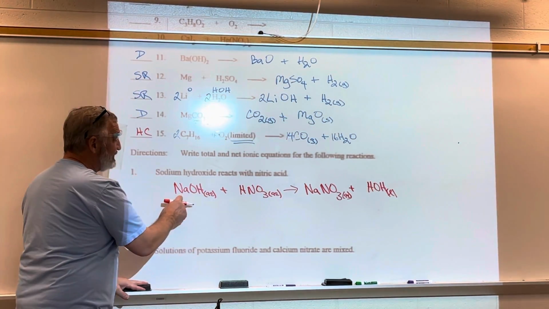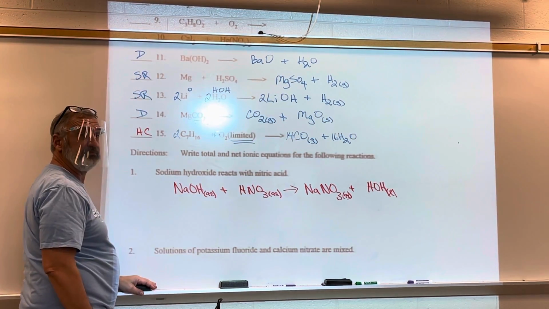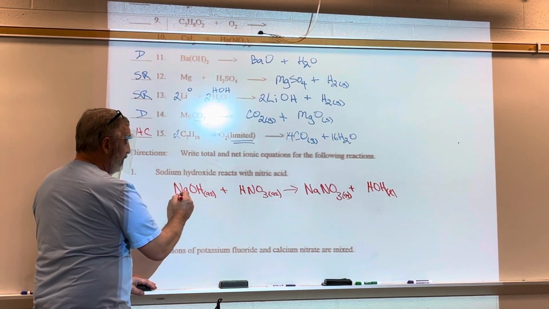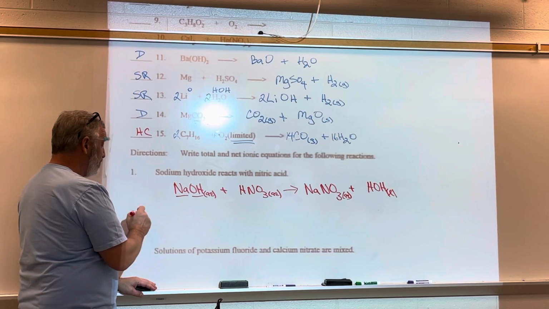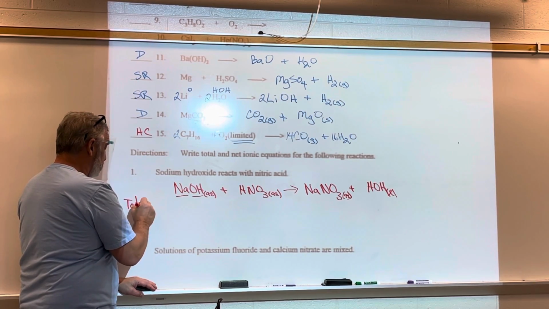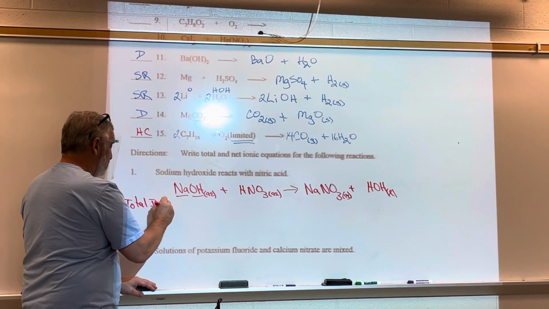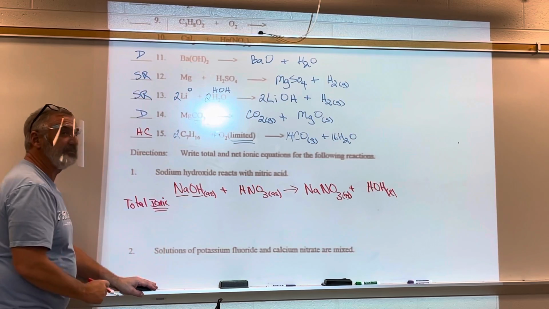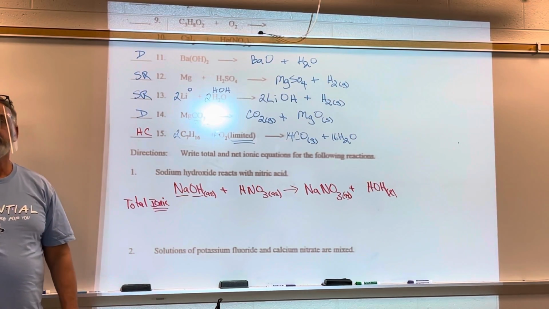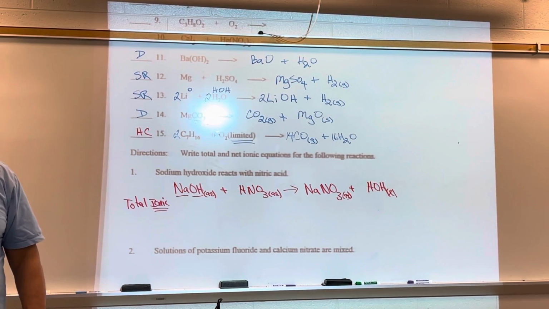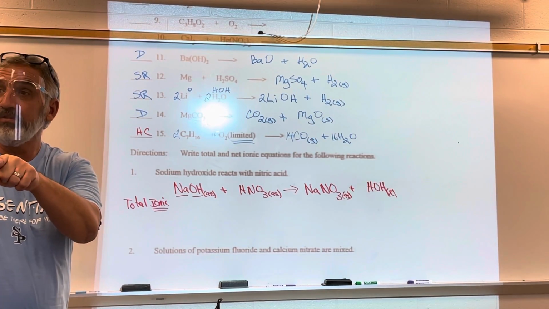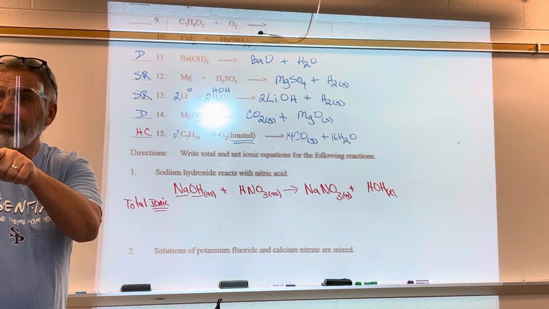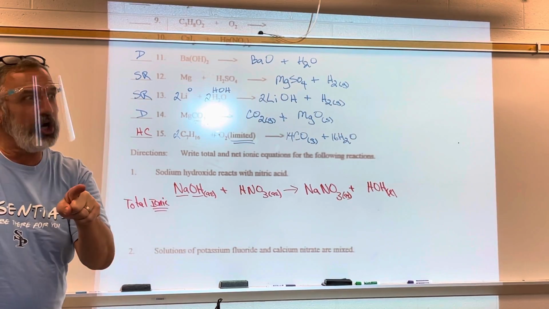So, what's my positive thing? What's my negative thing? Sodium's the positive, hydroxide's the negative. Now, total ionic. What is the definition of an ion? Atom with a charge. It's a charged particle. So what do you think you must write? The charge.